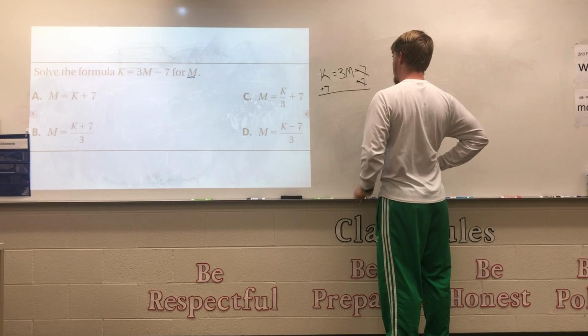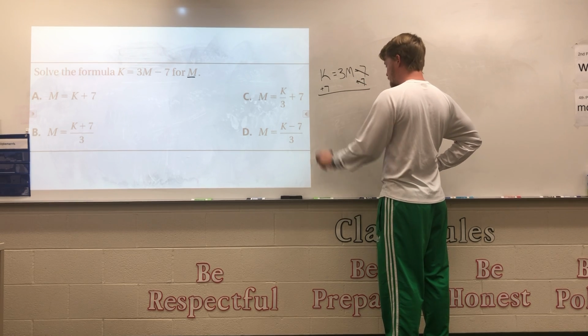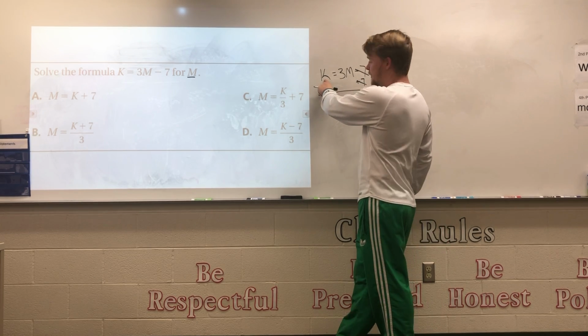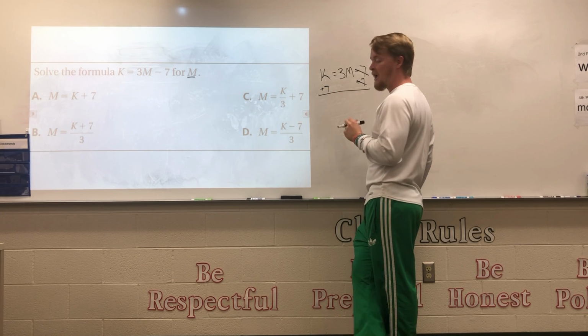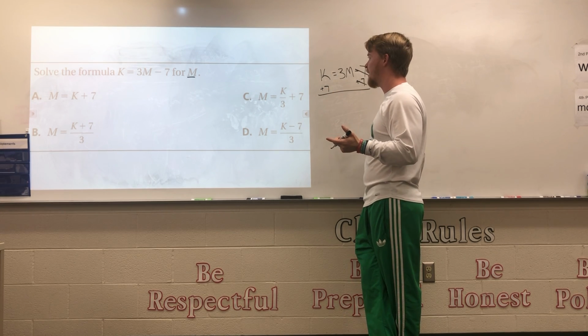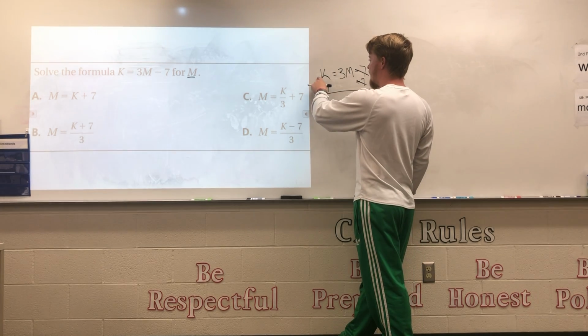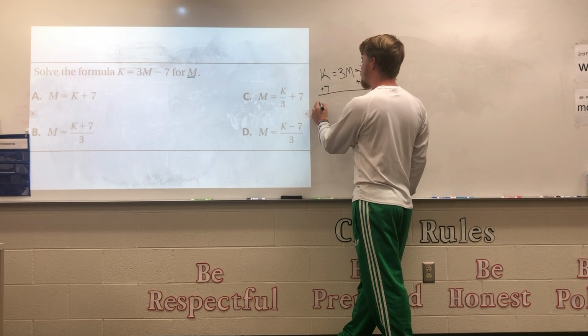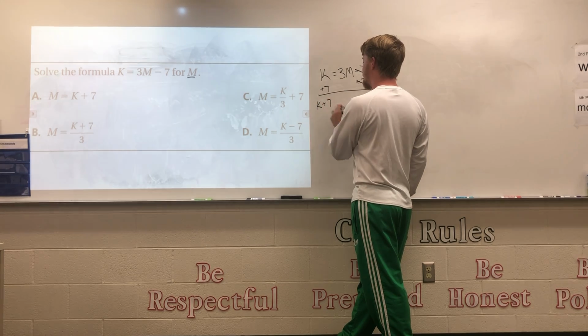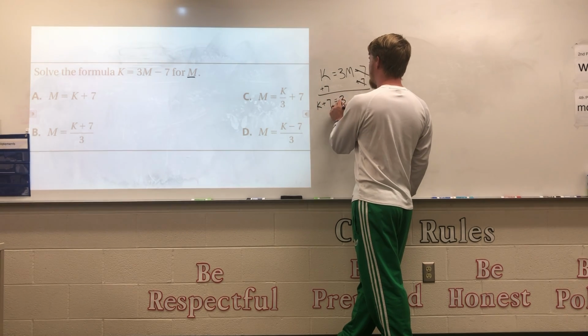Negative 7, positive 7, they cancel out. This is a variable, and they're adding a number. You cannot combine those. If they don't combine, you just bring it down as it is, which is k plus 7. That's exactly what you write, k plus 7. Equals, what's left, 3m.